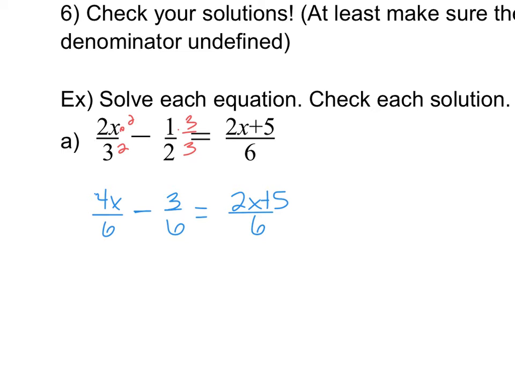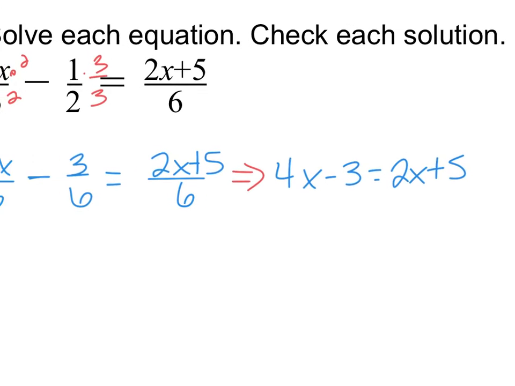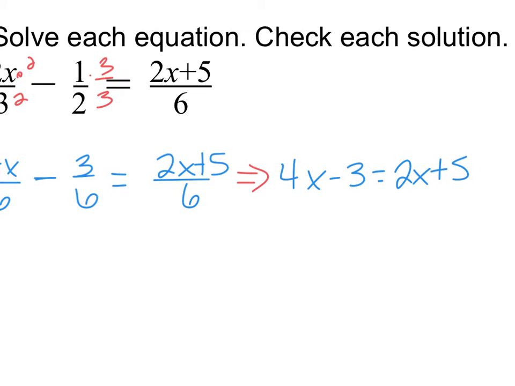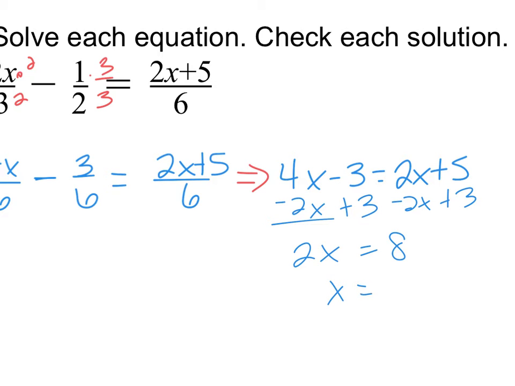Okay, so now that the denominators are the same, you can take them away. So you're going to have 4x minus 3 equals 2x plus 5. Look how easy this is going to be to solve. So I'm going to subtract 2x, so I have 2x, and I'm going to add 3. So 2x equals 8. So divide by 2, x equals 4.